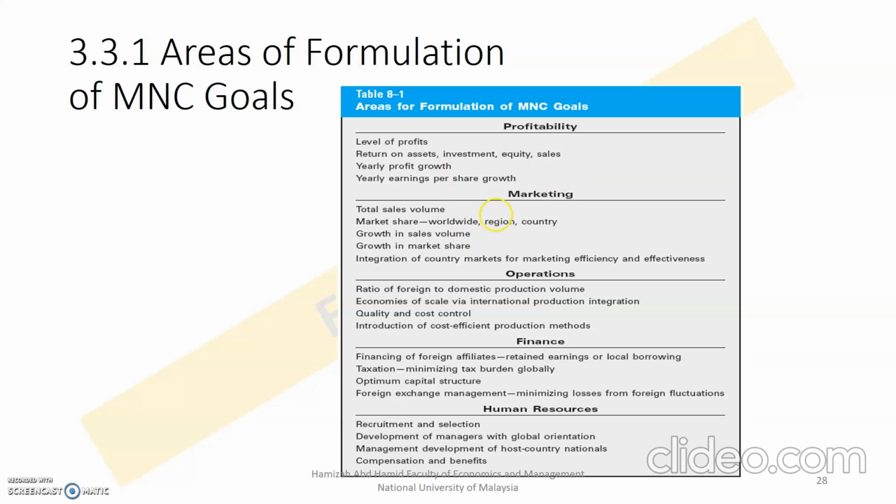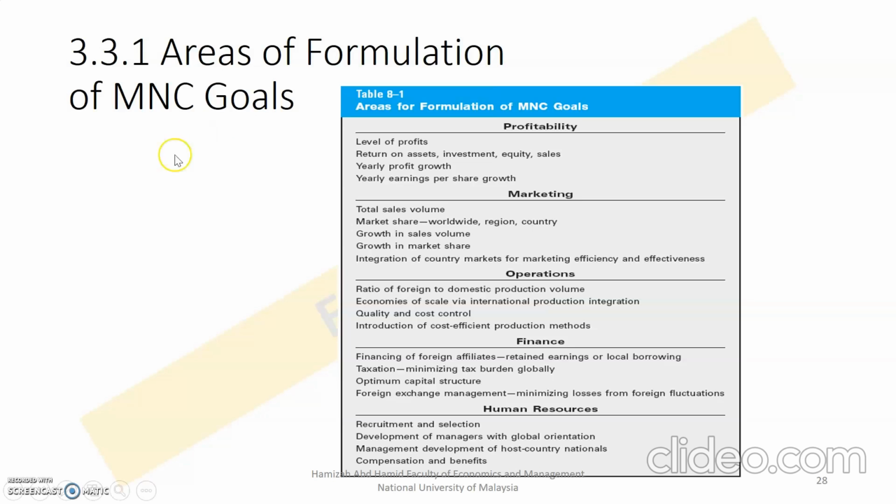Next is operations. Companies may want to see the ratio of foreign to domestic production volume in terms of economies of scale, through international production integration. This is to make sure that the operation is lean, to achieve cost effectiveness.